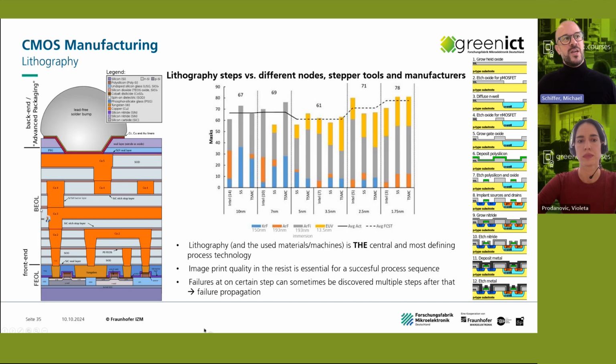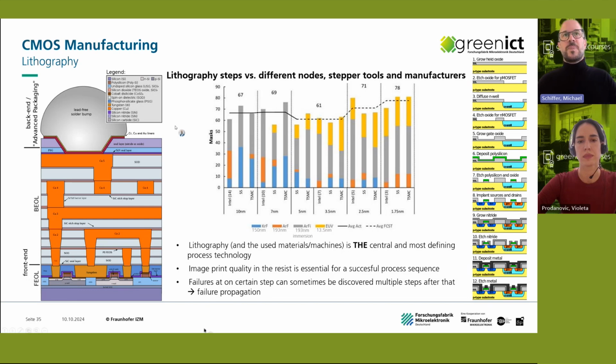But also when you go to the back end of line, you still need quite advanced lithography. When we are speaking about modern nodes, you have more EUV steppers in the front end of line, and then in the back end of line you usually have something like DUV steppers.